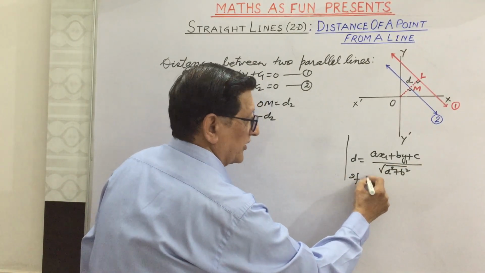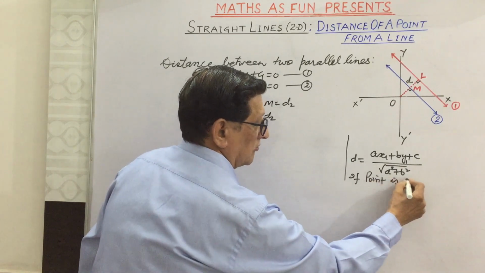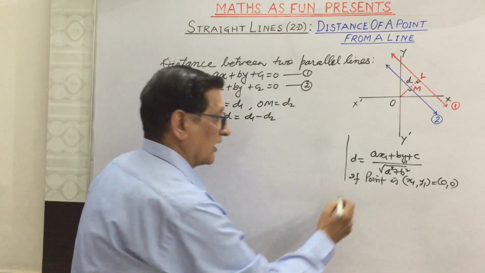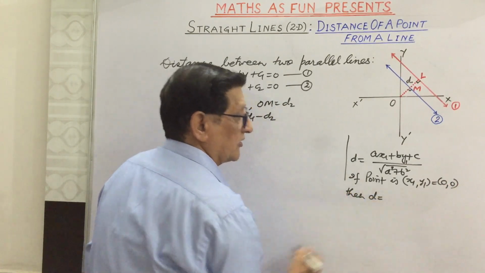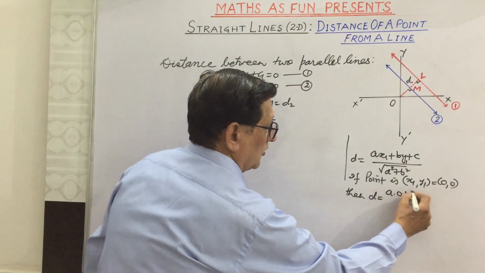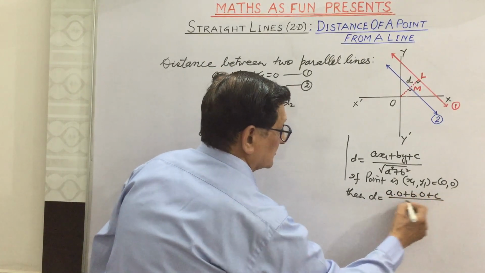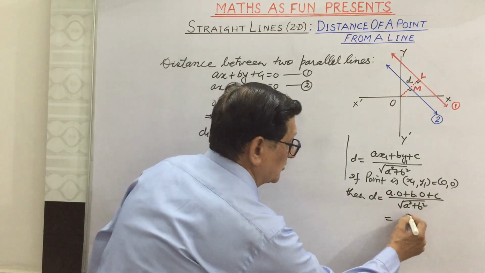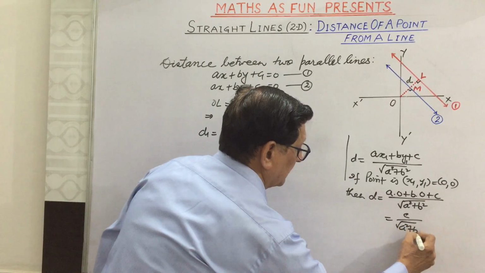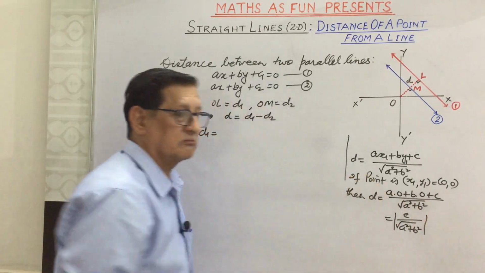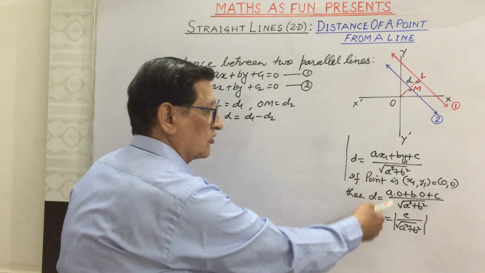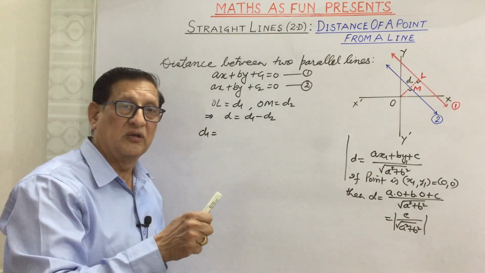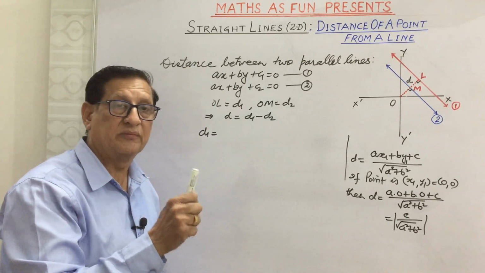If the point is the origin, x1, y1 equal to 0, 0, can we say then d will be equal to A into 0 plus B into 0 plus C upon root of A square plus B square, and that is equal to C upon root of A square plus B square. We have also learnt this, how to find the distance of a line from the origin in the normal form or perpendicular form of the line, if you remember.